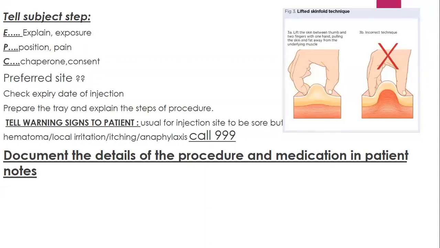All right. And after that, talk about the expiry date of the injection before giving the injection, or before using an EpiPen. When you are using these kinds of things, before using a urine dipstick, this thing you can add, like checking the expiry of that injection.